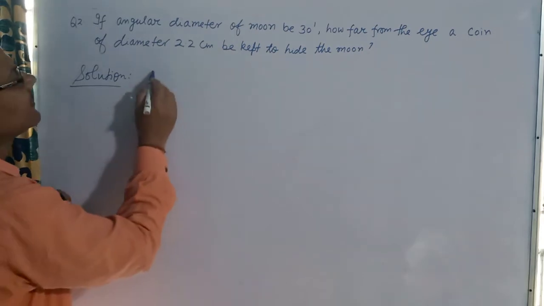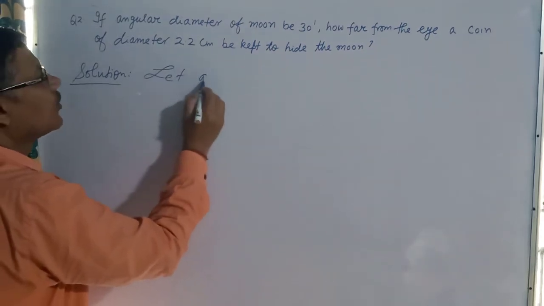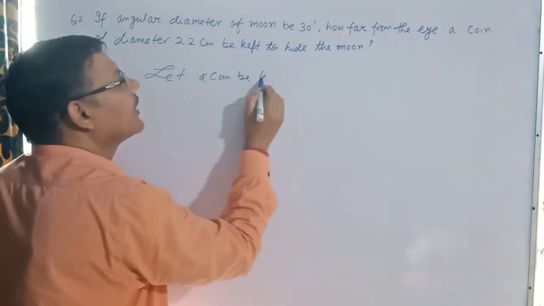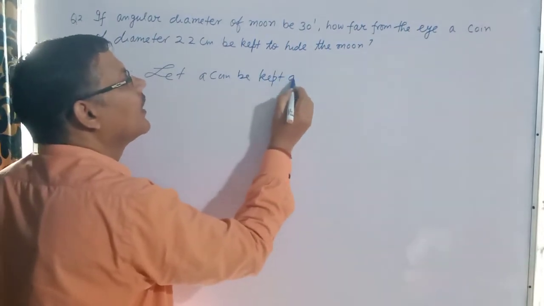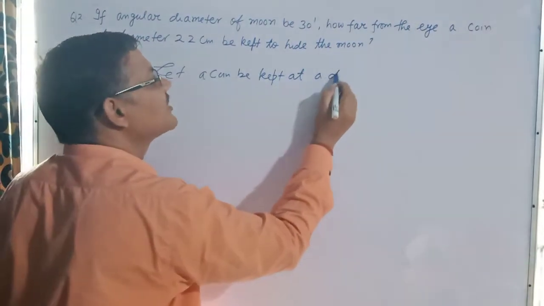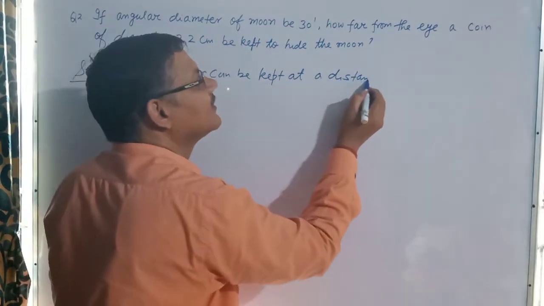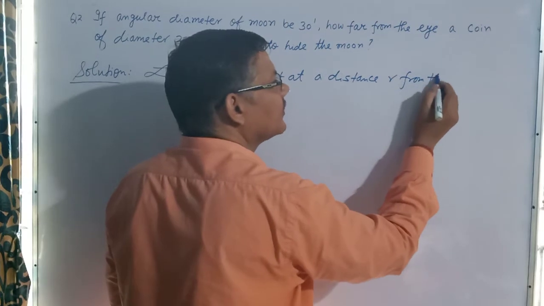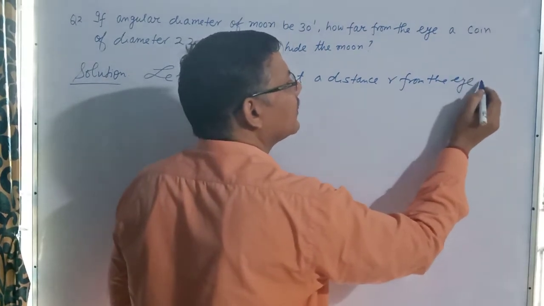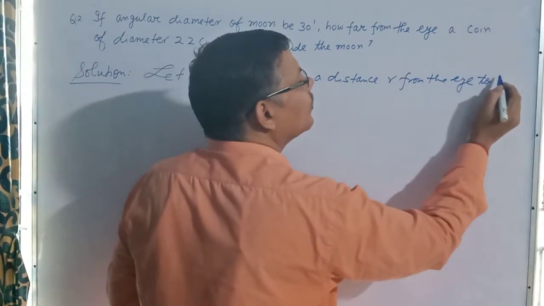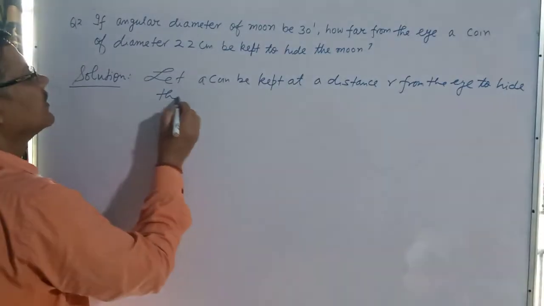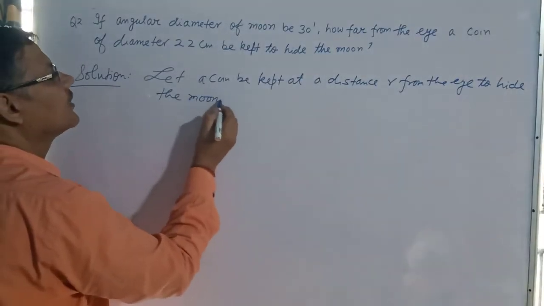First we take, let a coin be kept at a distance r units from the eye to hide the moon. This we are required to find.